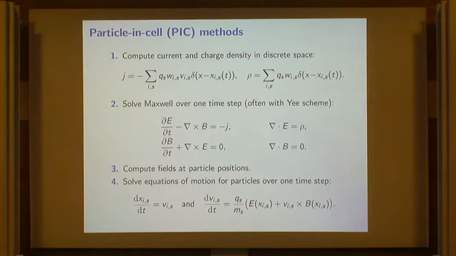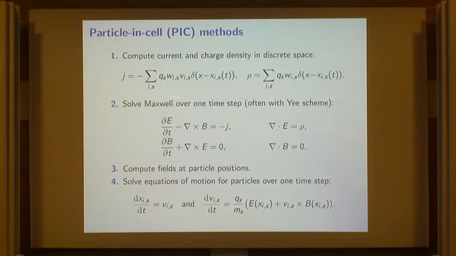So in particle in cell, how it works is you do a kind of splitting, where you evolve the Maxwell equations and the particle equations separately. So you repeat these 4 steps over and over again, starting from the particle positions.